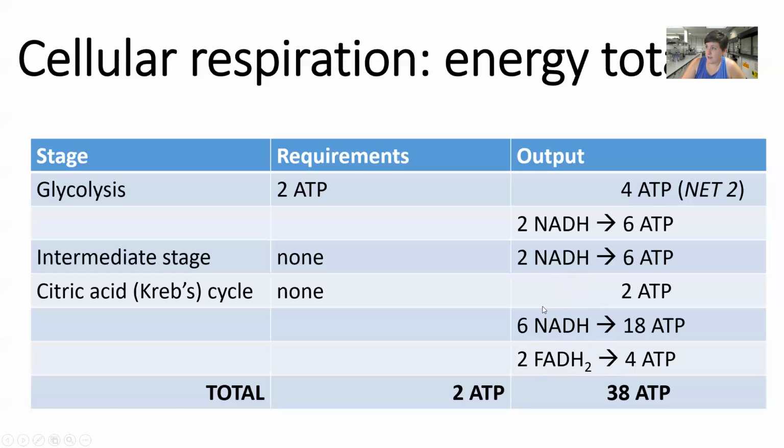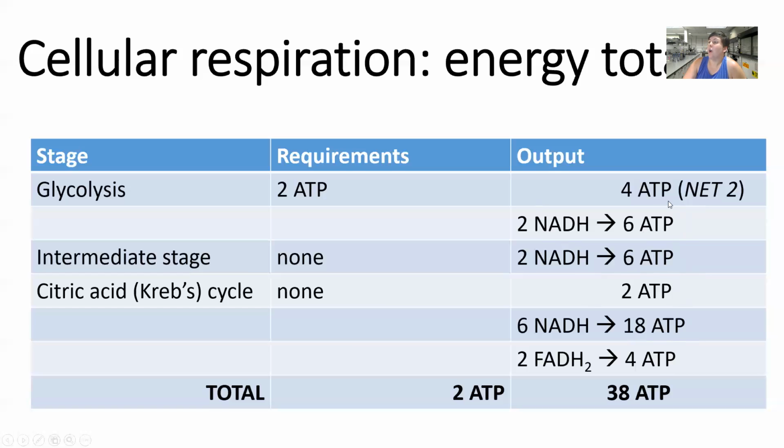Since every 1 NADH gives us 3 ATP, we can say 6 times 3 gives us 18 ATP. And because every 1 FADH2 gives us 2 ATP, we can say 2 times 2 gives us 4 ATP. So remember, because NADH and FADH require an electron transport chain to generate this ATP, that's oxidative phosphorylation.